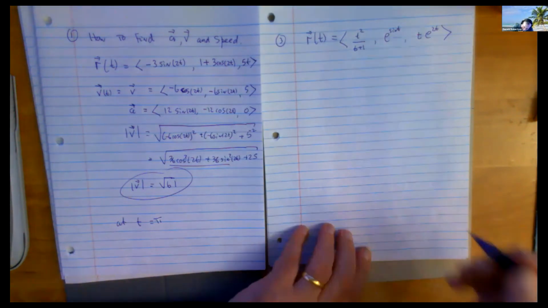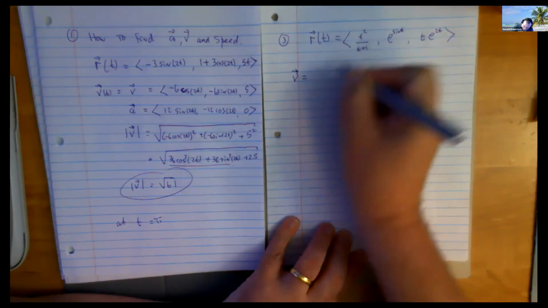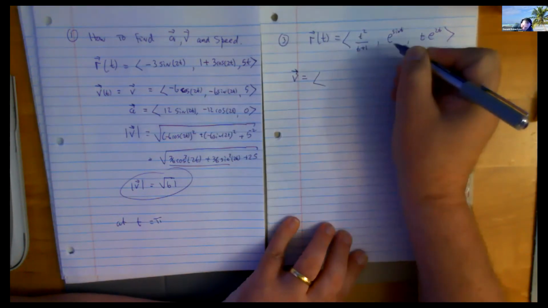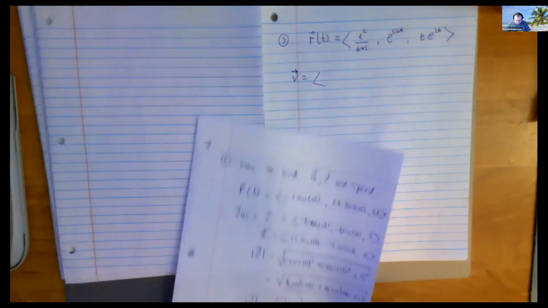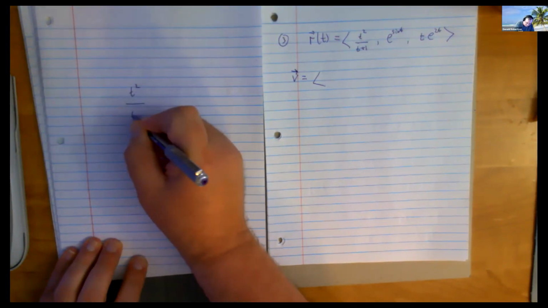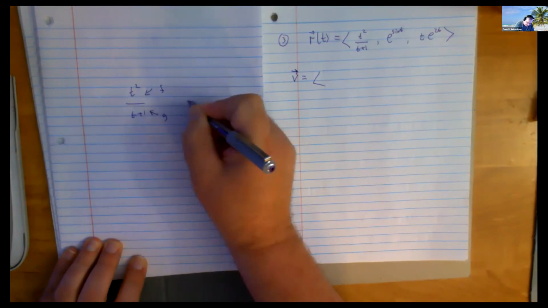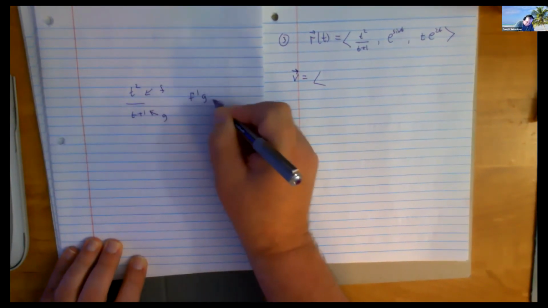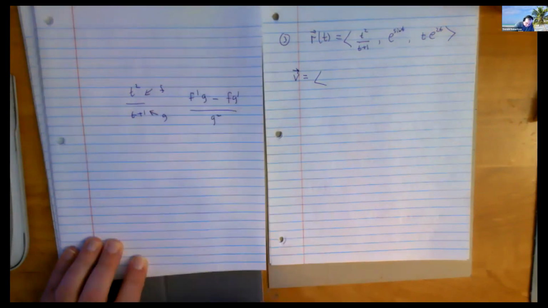So for our last shot at this type of question, the velocity would be the derivative of this, derivative of this, derivative of this. So if you take the first one and you call this f and you call this g, then I'm going to be using f dash g minus f g dashed over g squared.